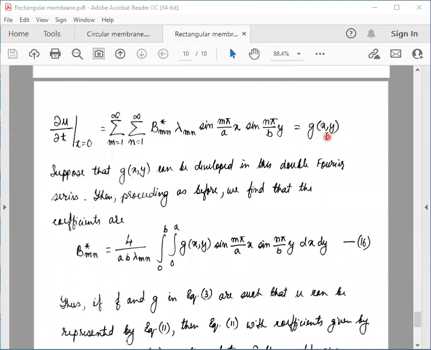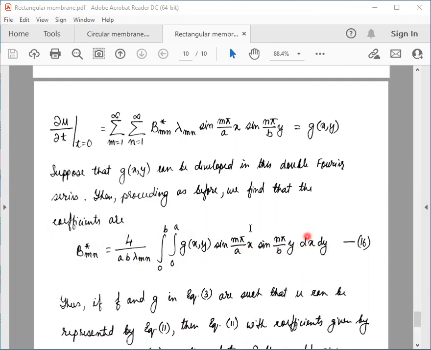Suppose that this g(x,y) can be developed in this double Fourier series. Then proceeding as before, we find that the coefficients b_mn star are given by this expression. So we have 4 over a b lambda_mn, and integration over 0 to b, integration over 0 to a, g(x,y) sin(m pi x/a) sin(n pi y/b) dx dy.